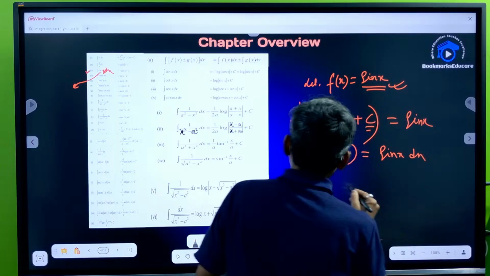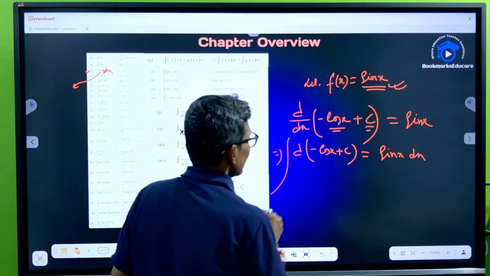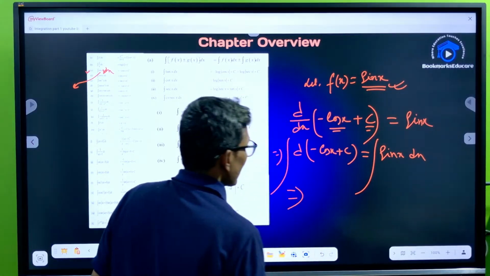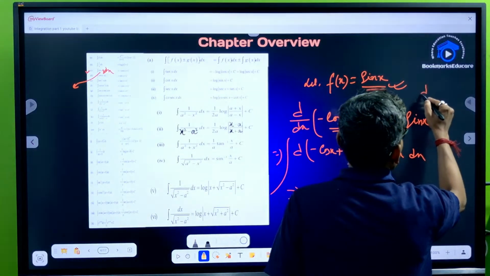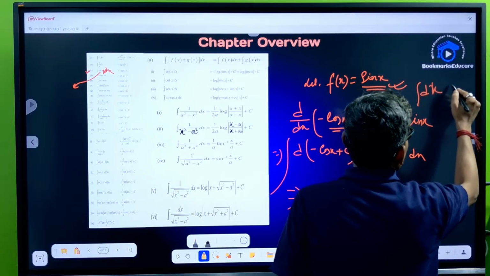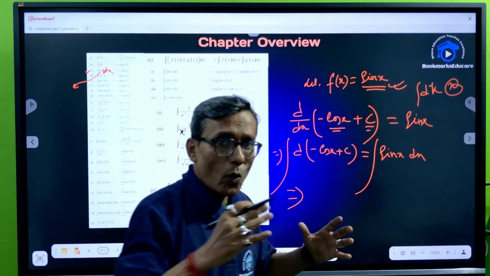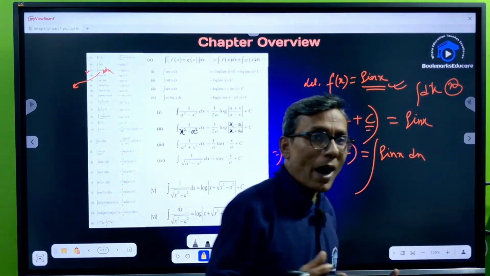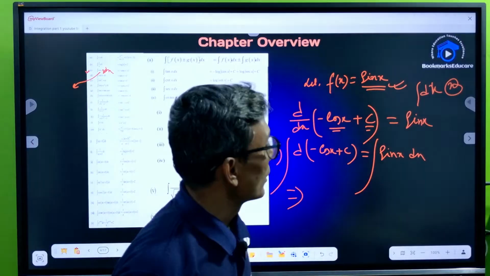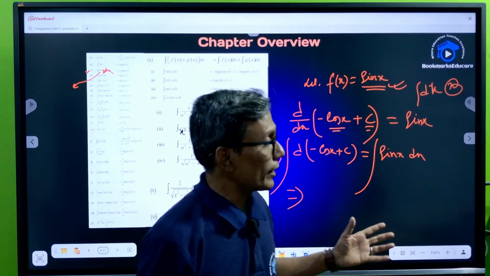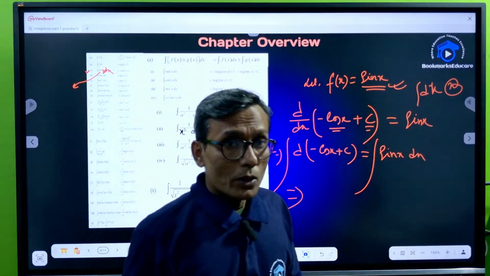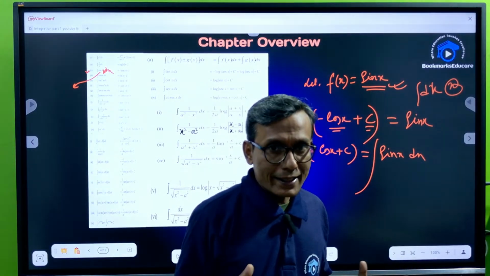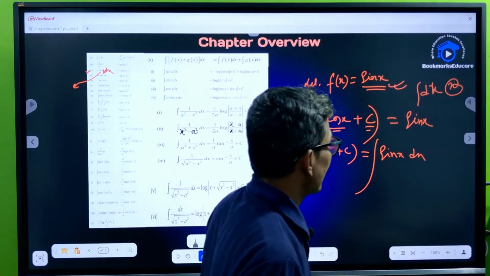times dx. Taking the integral sign on both sides, what will we get? The integral of d of a function means we get the function back: when we integrate dx, we get x.